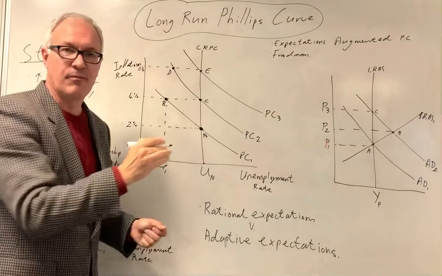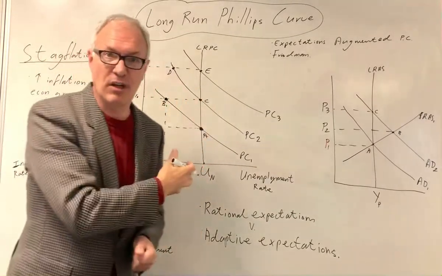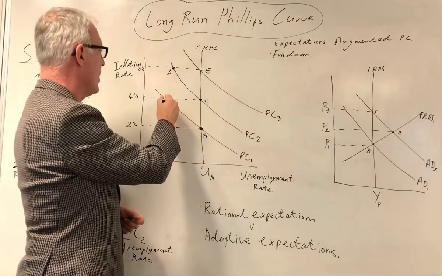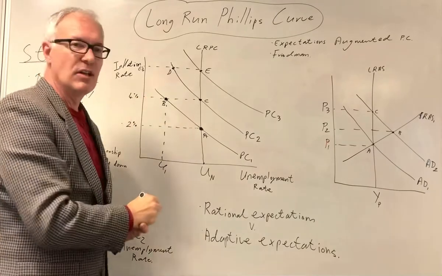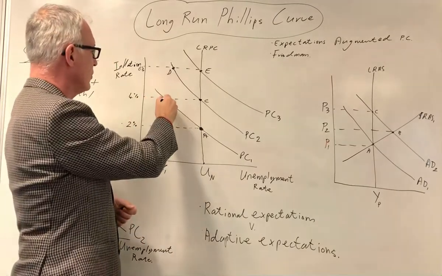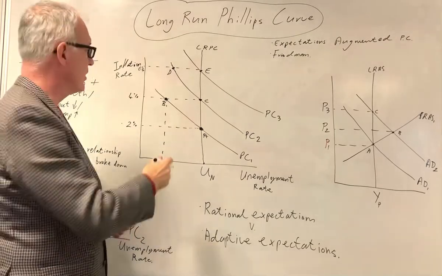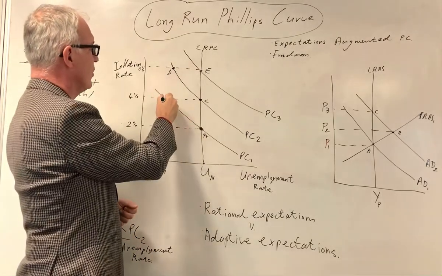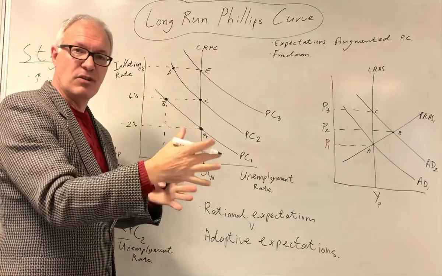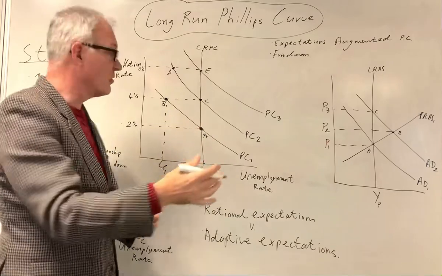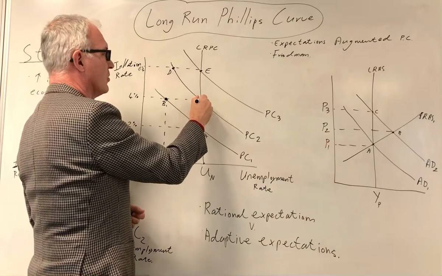However, at B, firms realise and workers realise that inflation has increased, and inflation is at 4%, and so workers demand a rise in their wages, and so what happens is firms have to make workers redundant, okay, because their costs have increased. So they make workers redundant again, and we end up back at C.